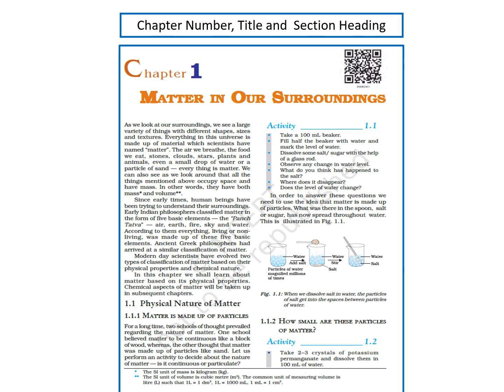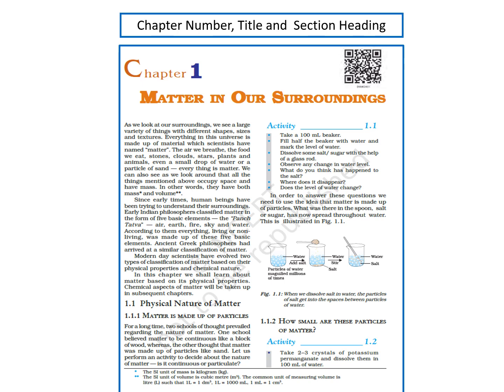It means the first digit from the left indicates the chapter number. The second one indicates the main section. That means 1.1 is the first section of this particular chapter, and the heading is Physical Nature of Matter.